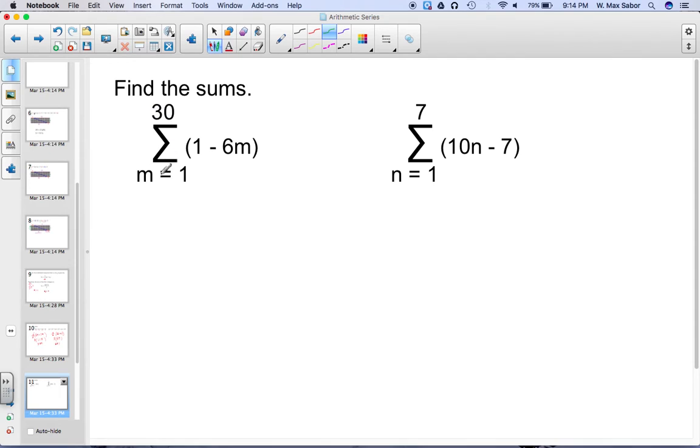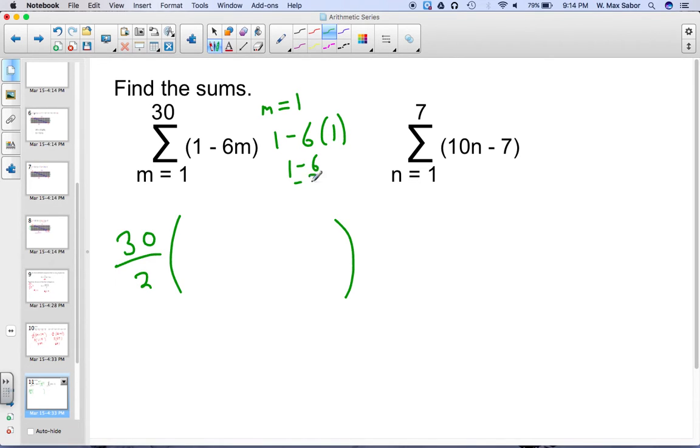Here, there are 30 terms. The first term, when m equals 1, we get 1 minus 6 times 1, which is 1 minus 6, or negative 5. So that's our first term. And then our last term is when m equals 30. 1 minus 180, so negative 179.